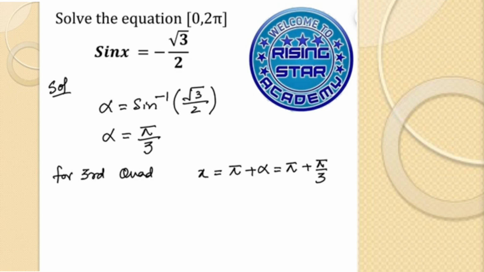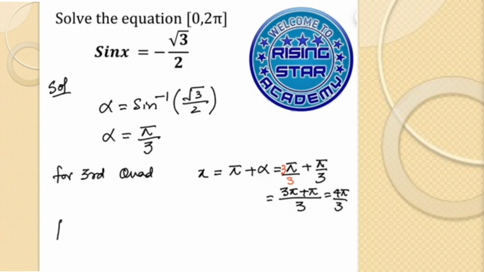For that we'll multiply by 3 and then divide by 3. It's the rule: when you divide by any number, you should multiply by that number as well. Now the LCM would be 3. So 3 pi plus pi, the answer is 4 pi over 3.